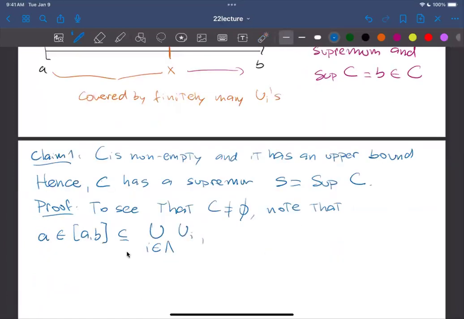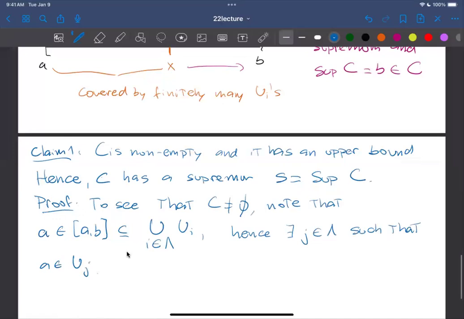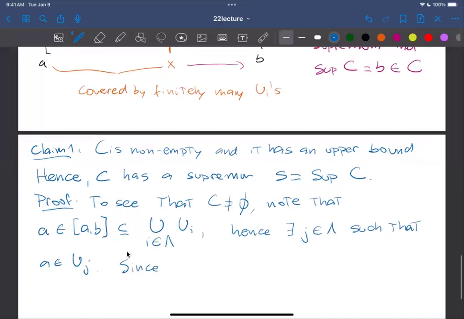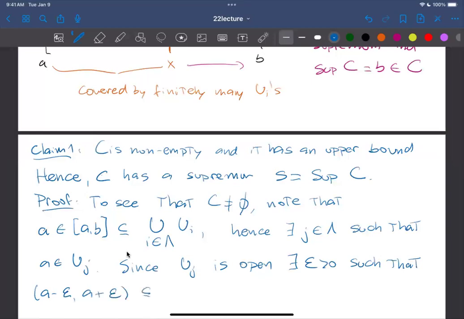This means there must exist some index, let's call it J, such that the corresponding open set U_j will contain A. Now we can use that U_j is open. Since U_j is open, there exists some positive epsilon such that not only A, but the entire interval (A minus epsilon, A plus epsilon) is inside U_j.